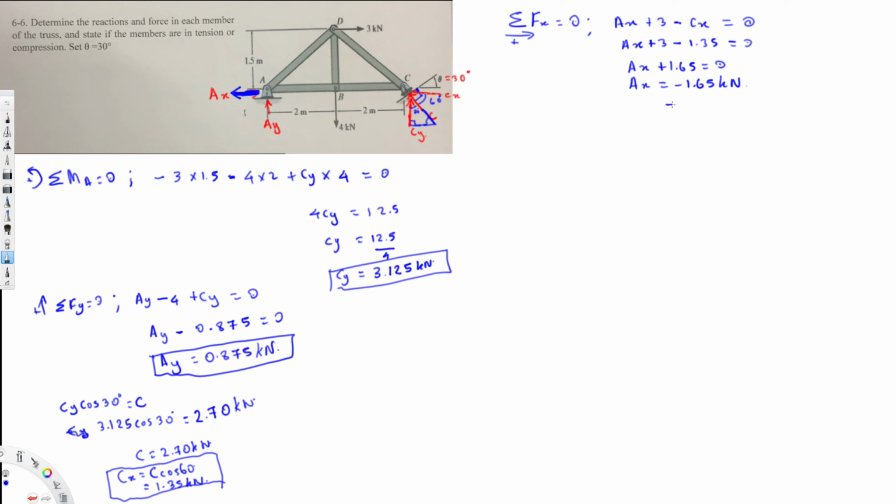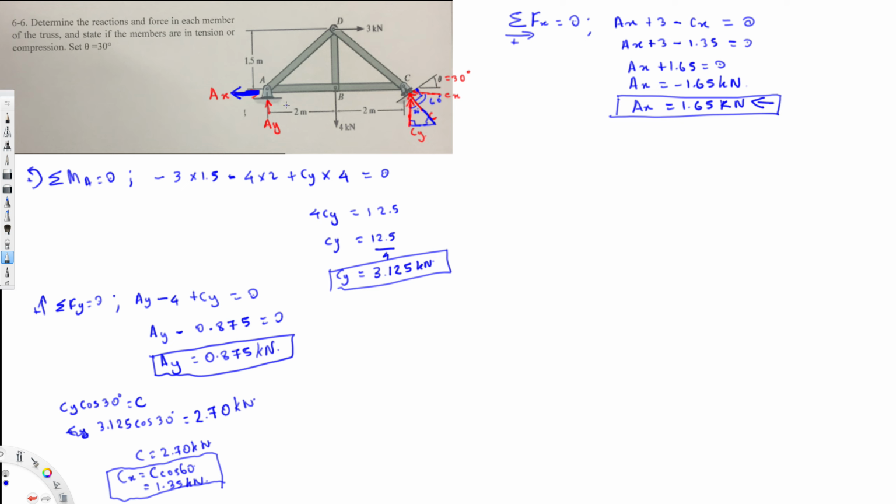So this is going to be 1.65 kilonewton in this direction. So that's all we know. What else can we find from these things? That's all we can find from the outer surface. So let's go one by one.